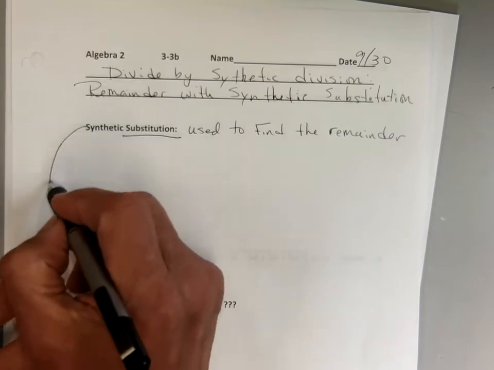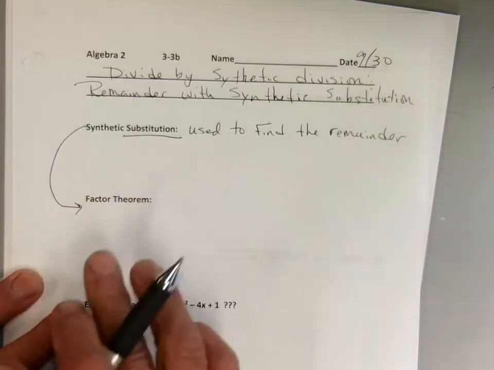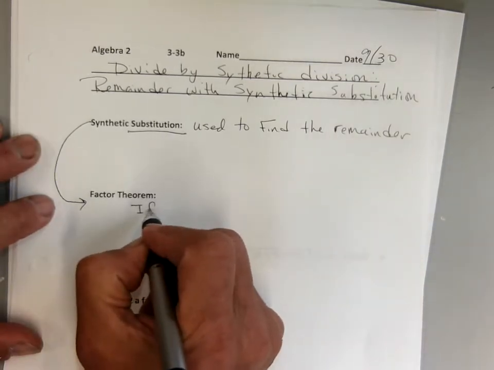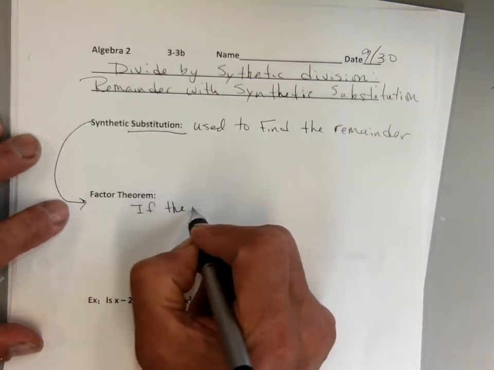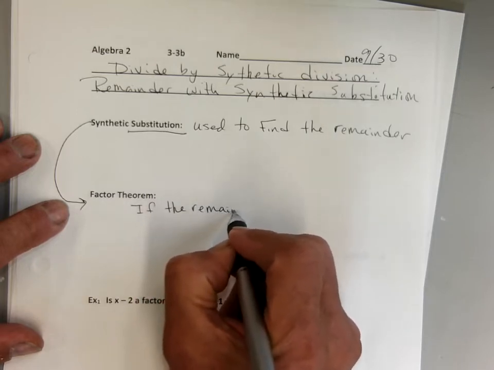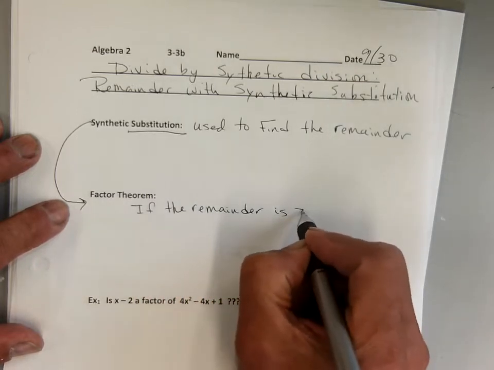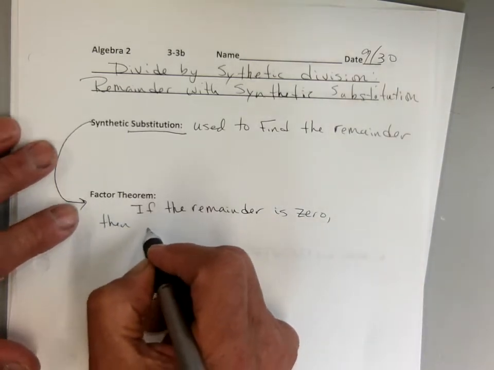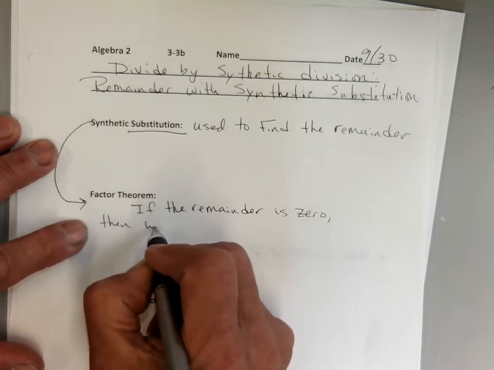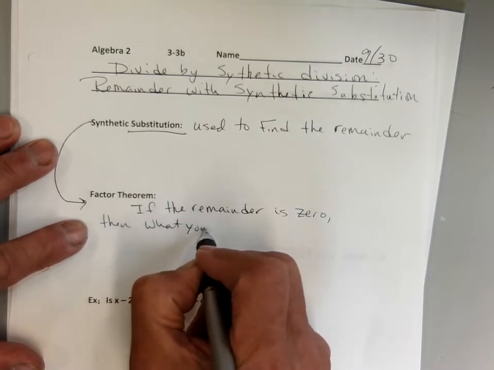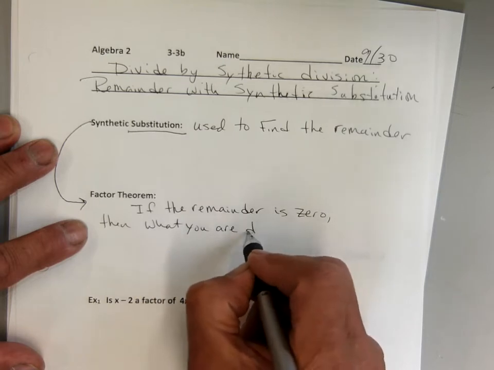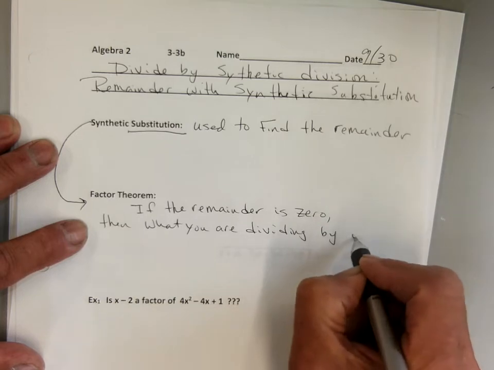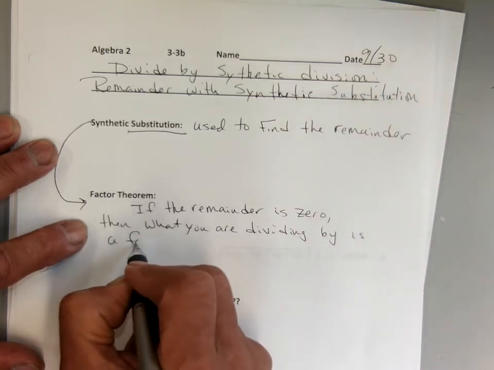The reason it's important, and I'm going to show you what this is in a minute, is if the remainder is 0, then what you are dividing by is a factor.